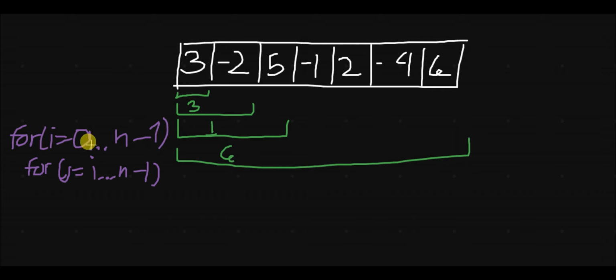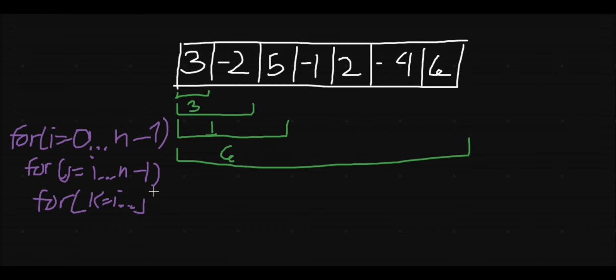But there's another loop, which is the computation of the maximum subarray: k equals i until j.